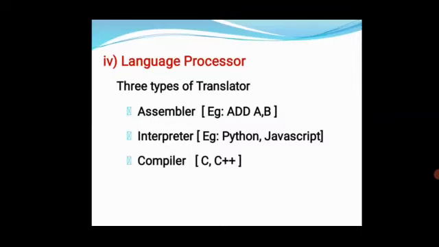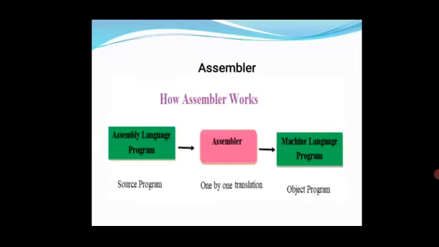Okay, first one is assembler. How will the assembler work? See here, source program, then object program. Source program means the program we are writing. Object program means the machine level program. Here we use the assembler as a translator to convert assembly level language into machine level.